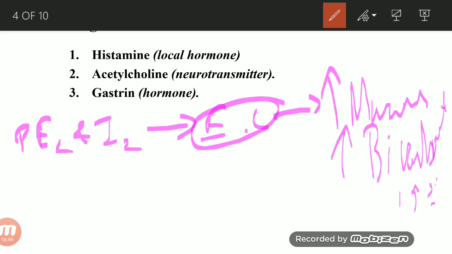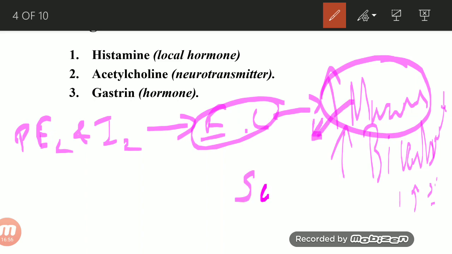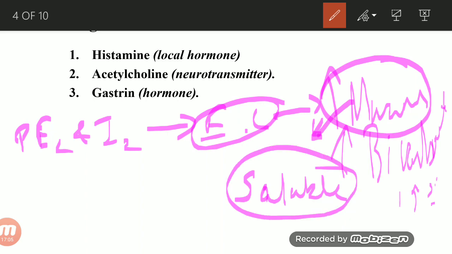so generally whenever mucus is being secreted by your epithelial cells or your mucosal cells, when it comes out from your cell, it is soluble in nature. But as soon as it comes out, it becomes insoluble.